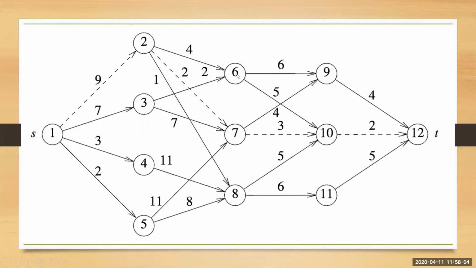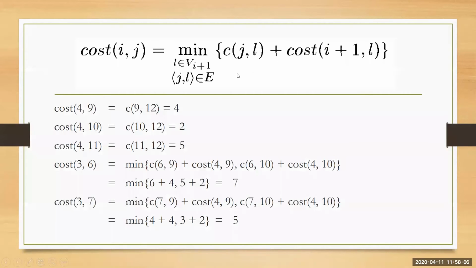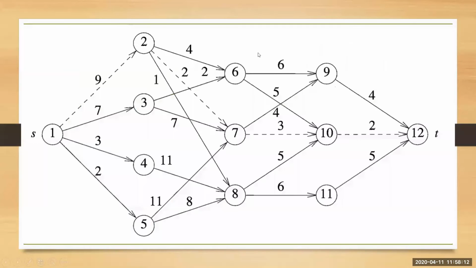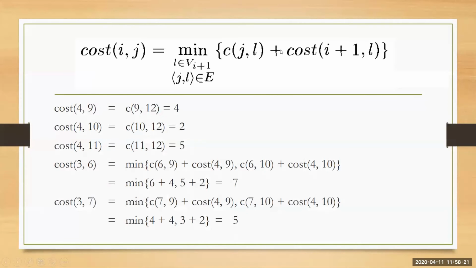So it is min of C of j comma L. For the first time I will take L as 9, that means 6 comma 9, plus you have to add that edge cost with the cost of i plus 1 comma L.